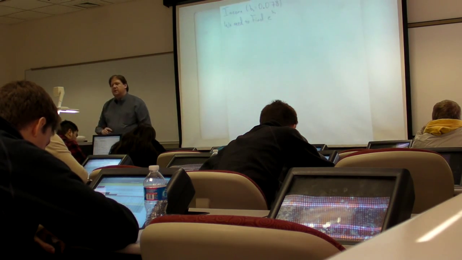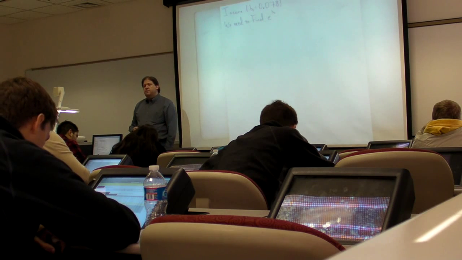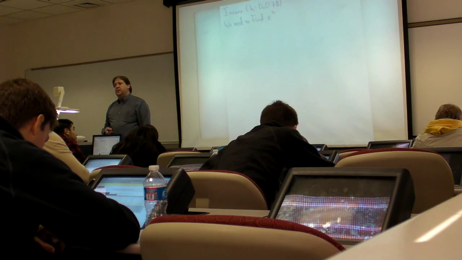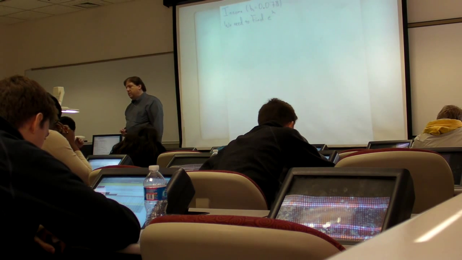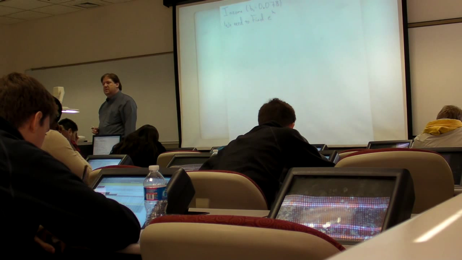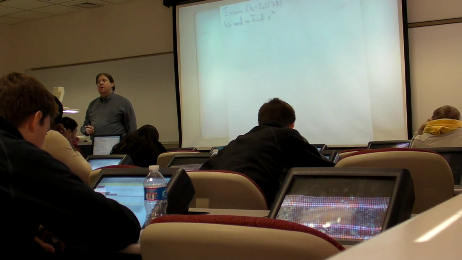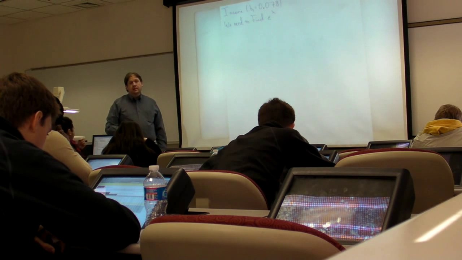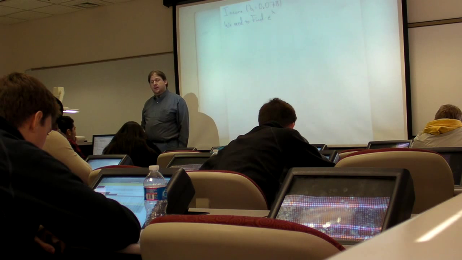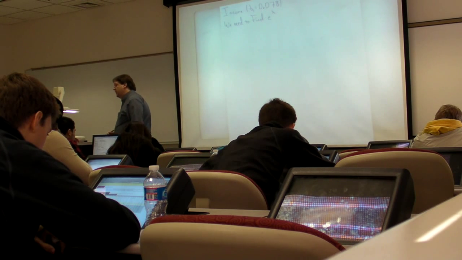What we need to find is e raised to the B1 power, and that is the relationship between the odds and income level. So what we need to do is find that.